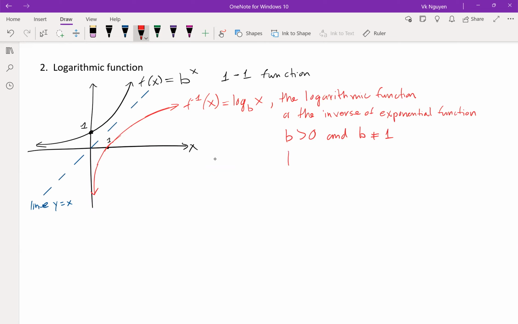Here you can see the domain of log is the range of the exponential function. So the domain is from 0 to infinity, and the range here is negative infinity to infinity.